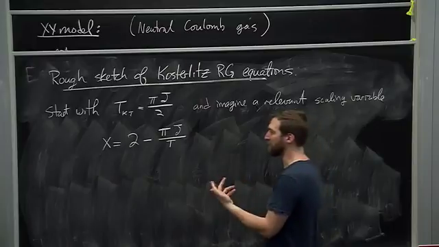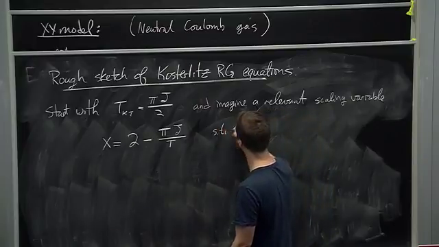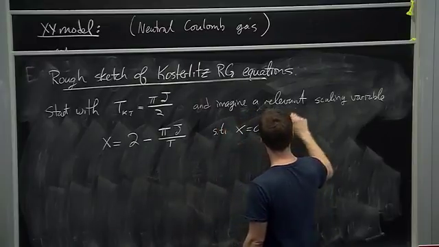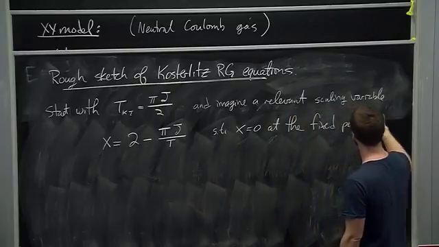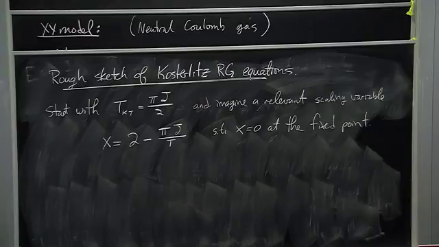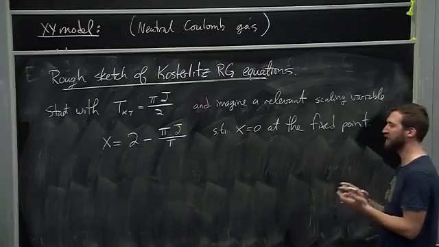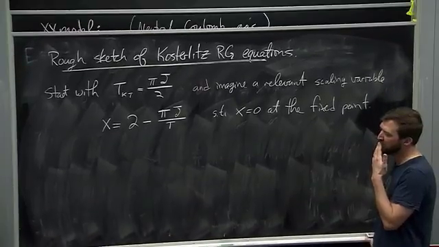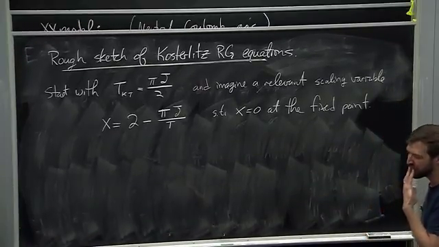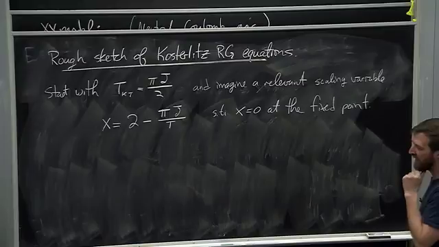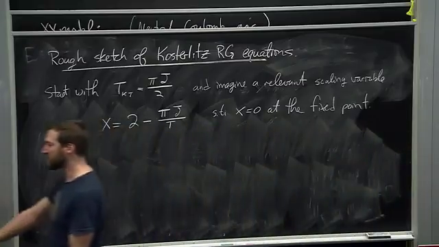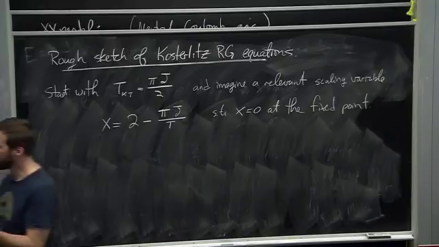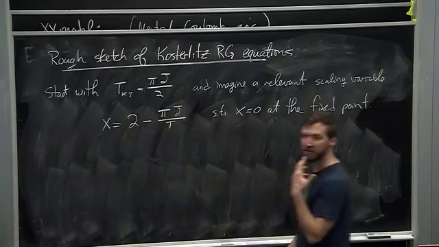So x vanishes at the fixed point. Okay, so I have one scaling variable. It's like T minus TC. Basically, it's taking the role of that. And I need another one that somehow tracks the number of vortices. And that number, again, somehow proliferates above the transition. Okay.